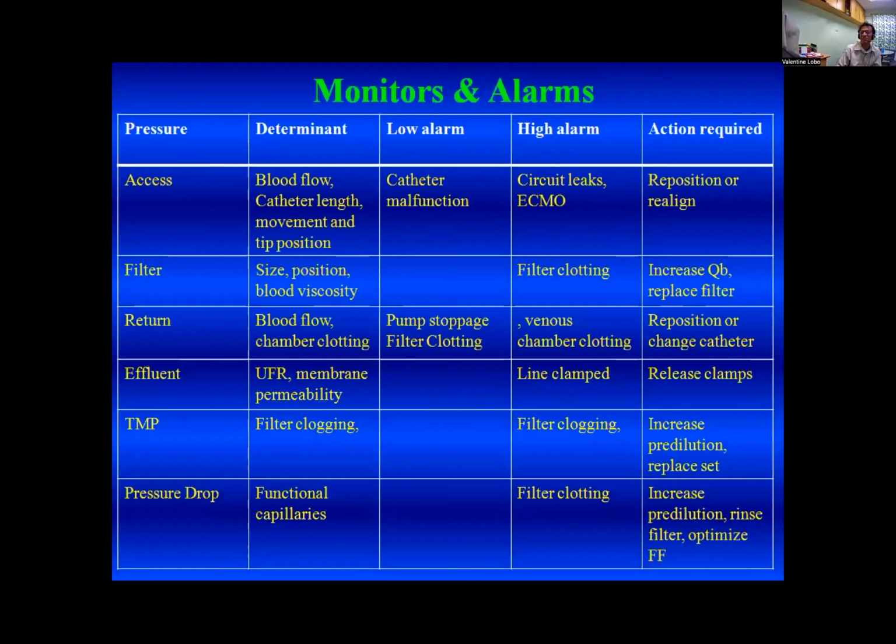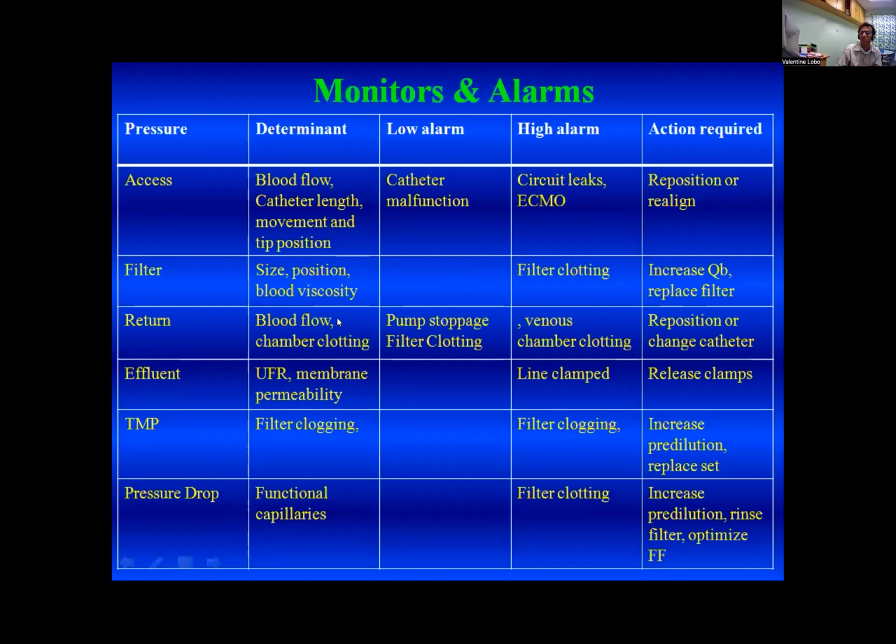So the size of the filter: larger the size, more the blood flow required to maintain an acceptable pressure. The blood viscosity. So choosing a very high ultrafiltration rate will result in increased blood viscosity, increased filter pressure, and a higher chance of filter clotting.